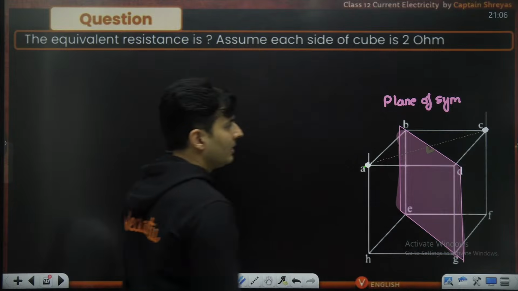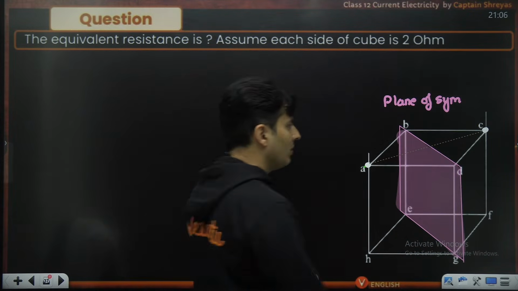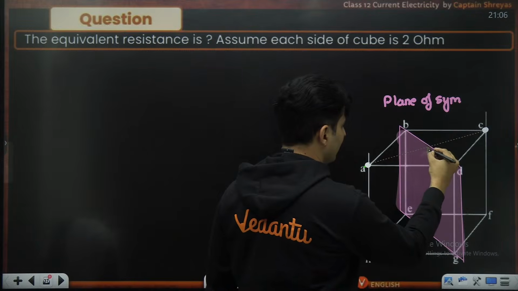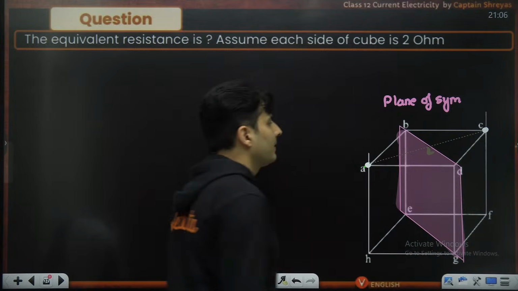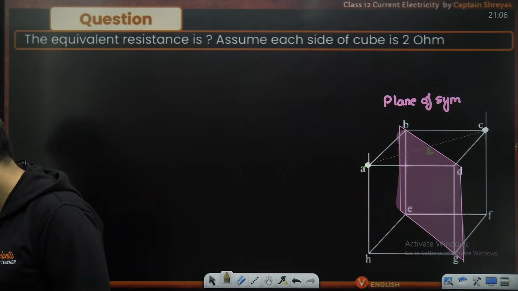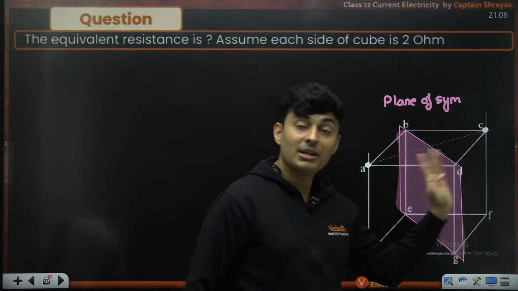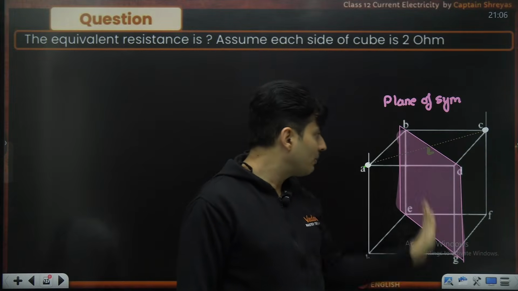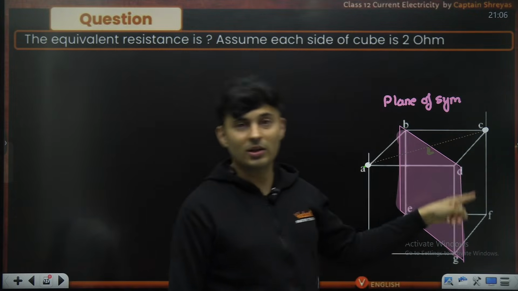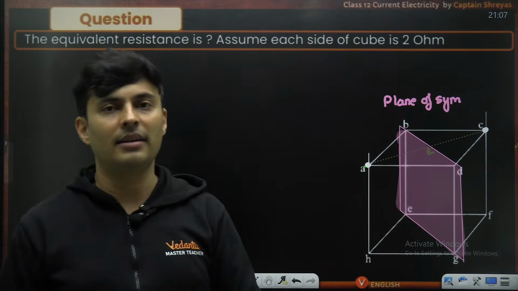Can you see that? It is definitely going to be perpendicular. Able to visualize it now? Like this also you can get symmetry. But remember that the plane of symmetry always has to be perpendicular to the points across which you want to find the capacitance or resistance. That is the trick.